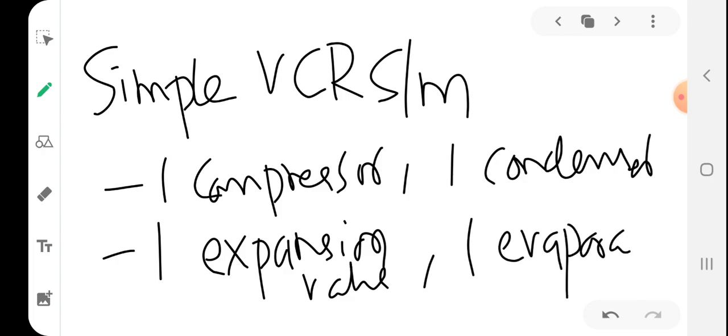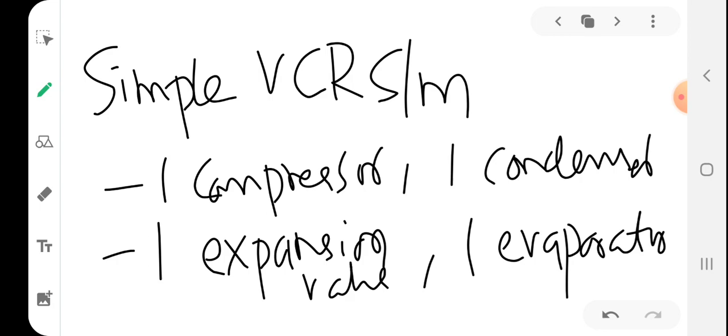So if the number of components in the VCR system are only one each, then such type of VCR system will be a simple type. Such types are usually considered as simple VCR system.